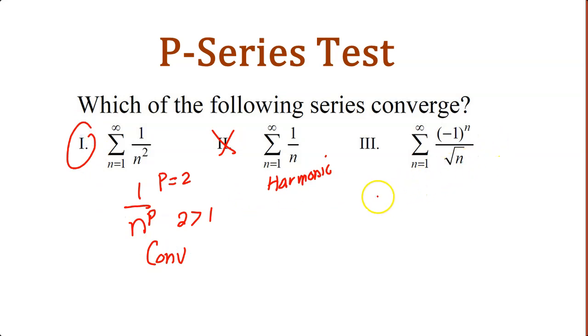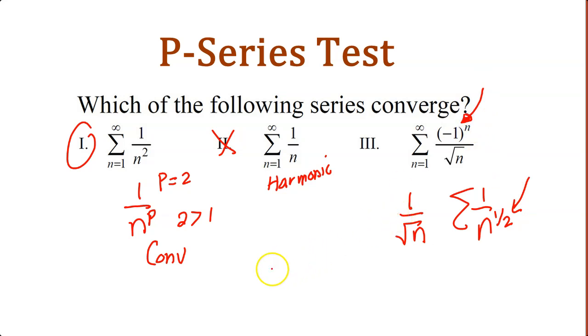The third one is in the form of 1 over the square root of n, where we have 1 over n to the 1/2. So if it was just 1 over n to the 1/2, it would diverge because my p here is less than 1. However, we also have the extra bonus here that it's alternating.